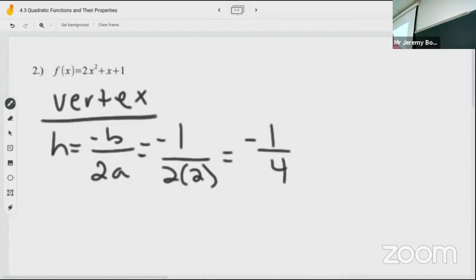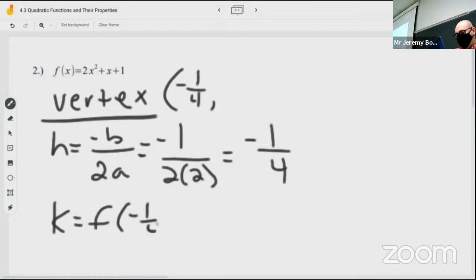That's just fun to work with. To find the k, same thing. We're going to plug in the -1/4. K is going to equal f of -1/4. Isn't the prettiest thing to work with, but we can do it.